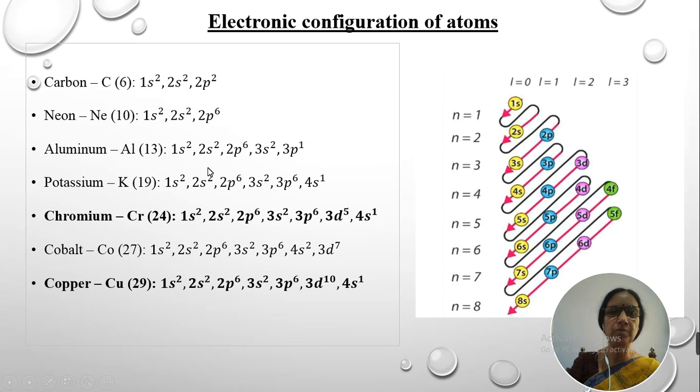So next, aluminum I have mentioned here based on the same thing, and I told you while giving the explanation that some of the elements will deviate from the Aufbau principle, that is chromium and copper. Just observe here, the atomic number of chromium is 24. According to this, after 1s2, 2s2, 2p6, 3s2, 3p6, after 3p6 it is not accommodated in the s subshell in the fourth orbit.